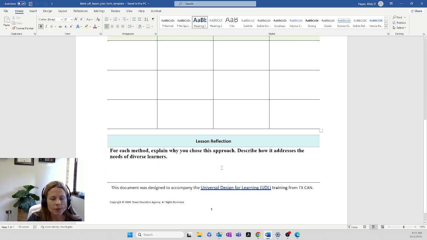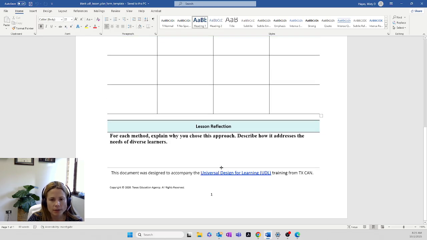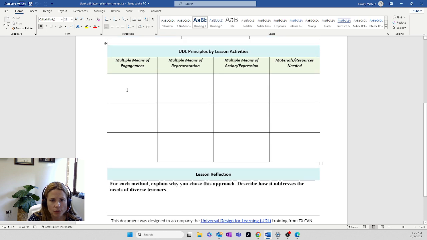And then down here was that reflection piece I talked about, right? To see how you did. So for each method that you chose, explain why you chose that approach, and then describe how it addresses the needs of diverse learners.